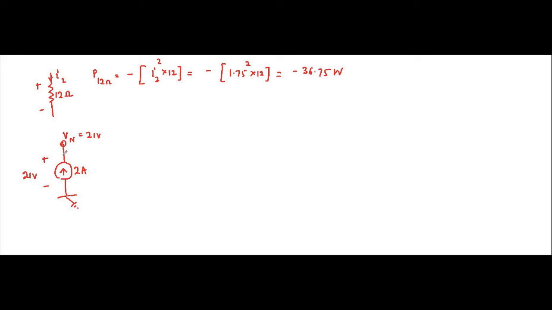Current supplied by it is 2 ampere, flowing away from positive towards the negative, so it is supplying power. Supplying power means it is positive. So the power supplied by the 2 ampere current source is voltage into current, that is 21 into 2, which is equal to 42 watts, plus 42 watts, because it is supplying.